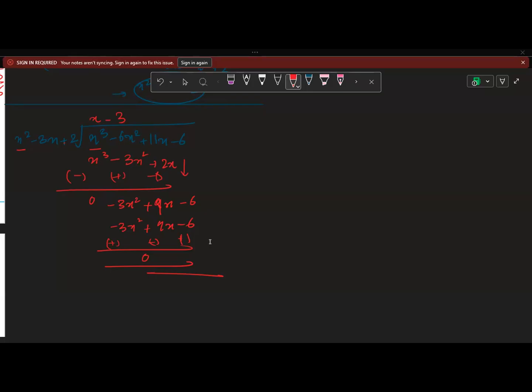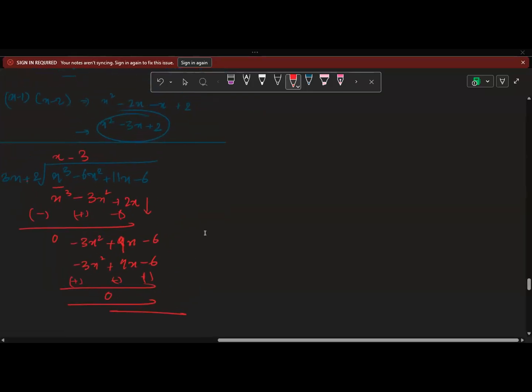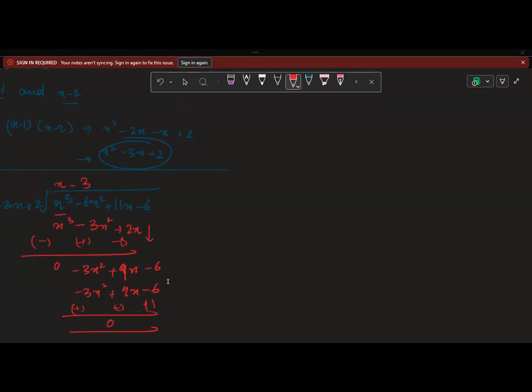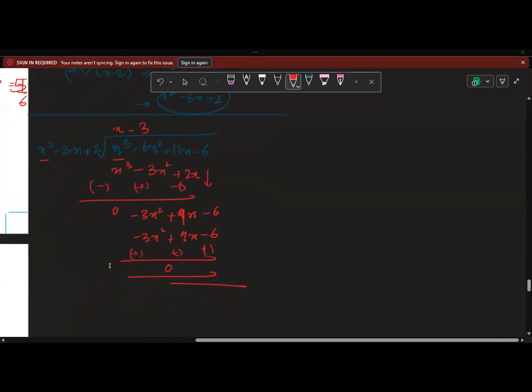Ma'am, do you also do the splitting method after this? Okay, fine. We'll discuss splitting the middle term. Should we do it? Have you copied this, Amar?